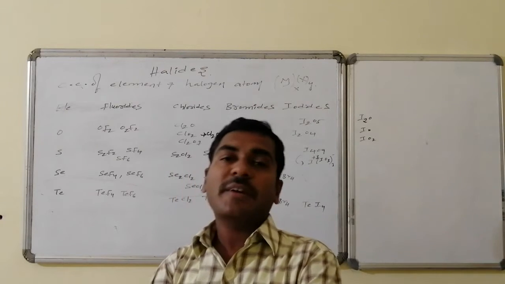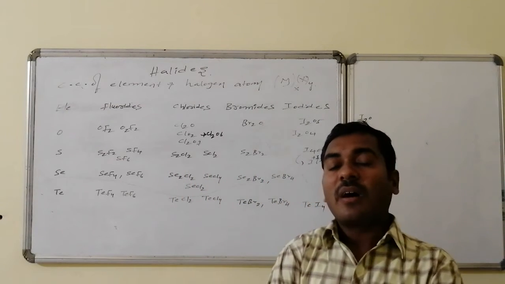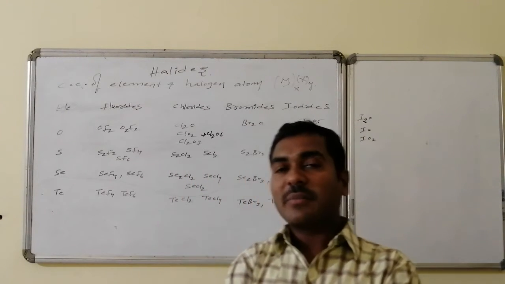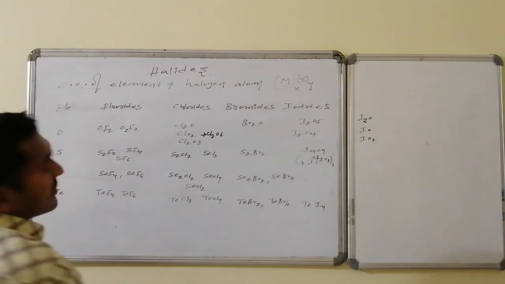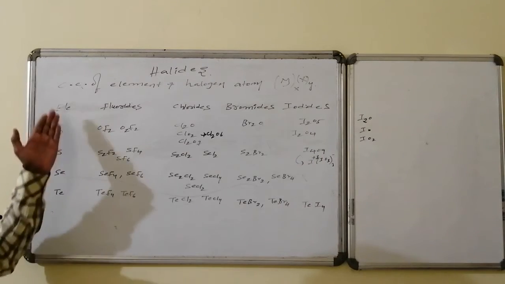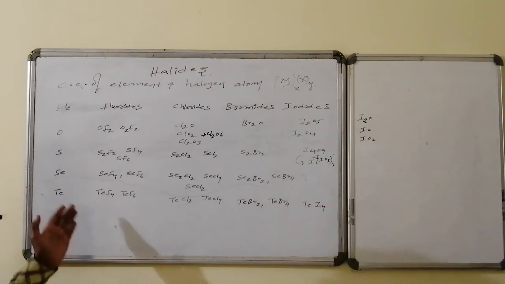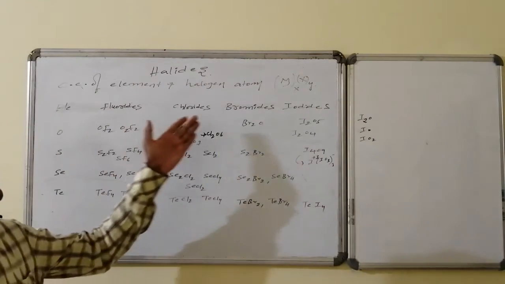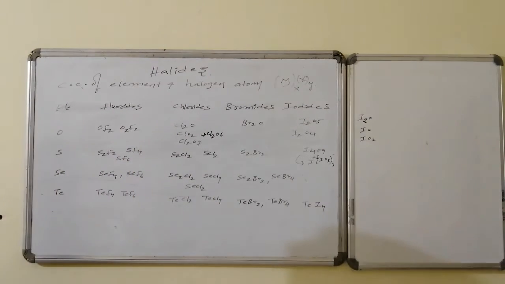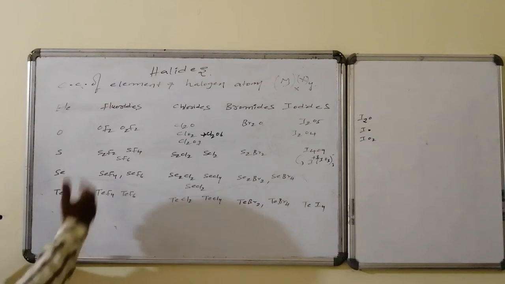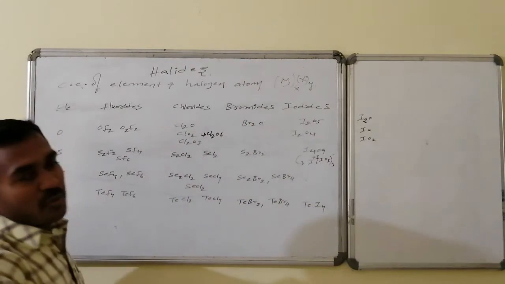Whereas the different varieties of possible halides are written in the form of a table for our ease of understanding. Here, this table consists of elements from top to bottom, followed by halides like fluorides, chlorides, bromides and iodides from left to right. Here are oxygen-related fluorides, chlorides, bromides and iodides.